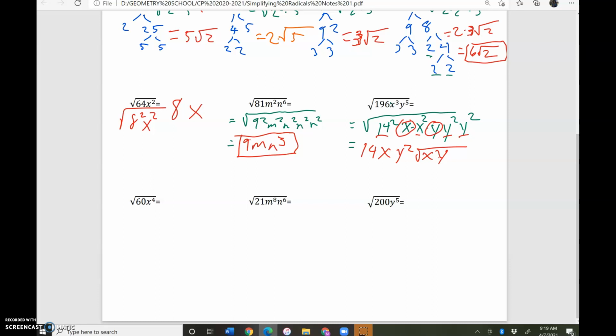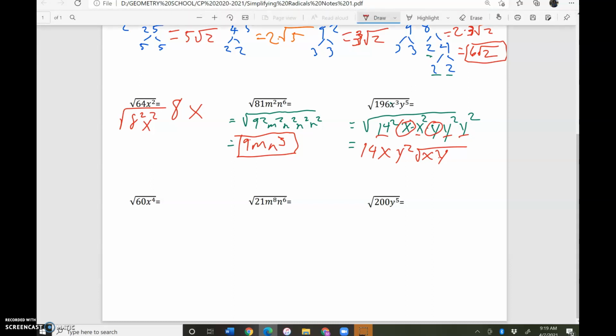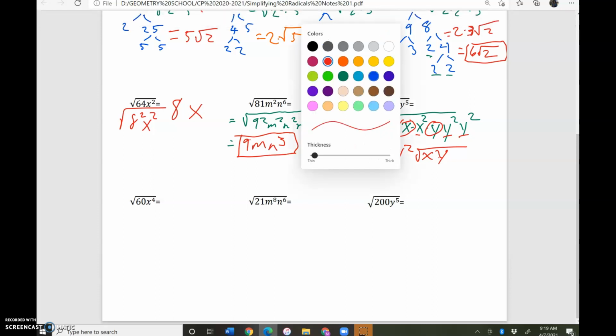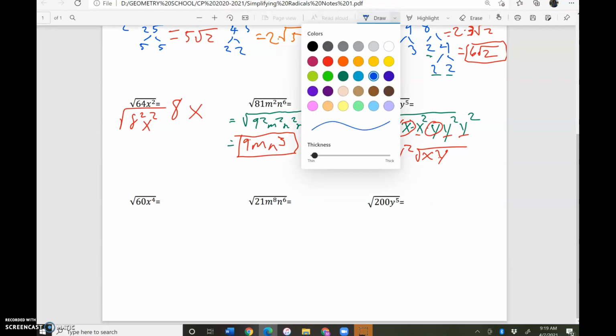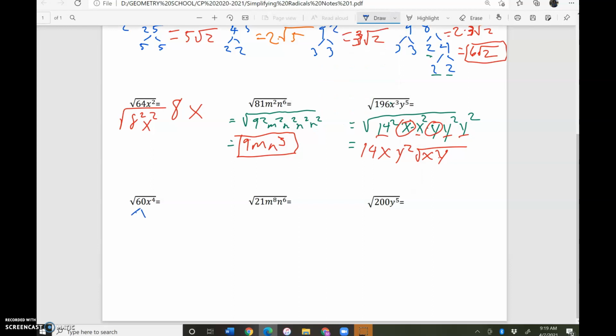We're doing the same process. Now, if I do not have perfect squares, that means, what does that mean? I have to do my tree. Tree. So 6 times 10, 2 times 3, 2 times 5.